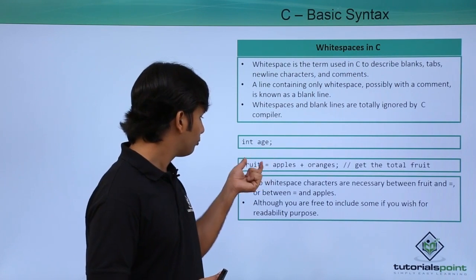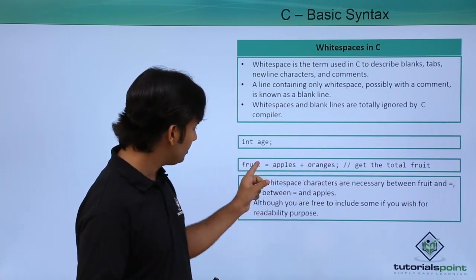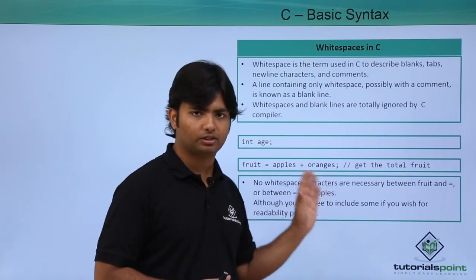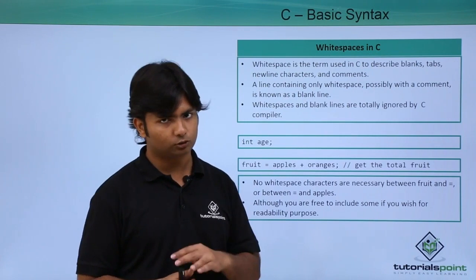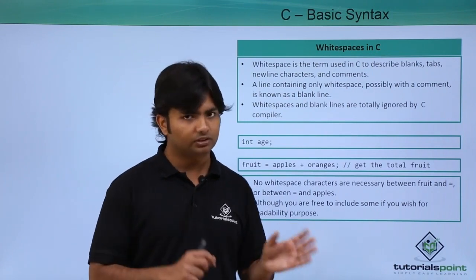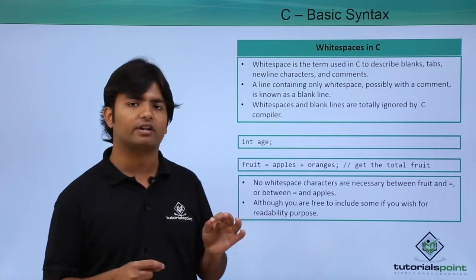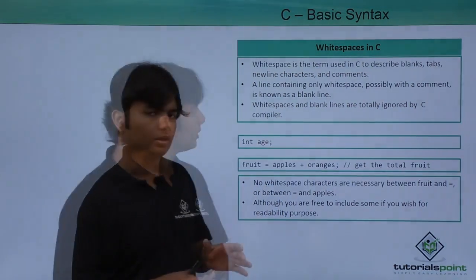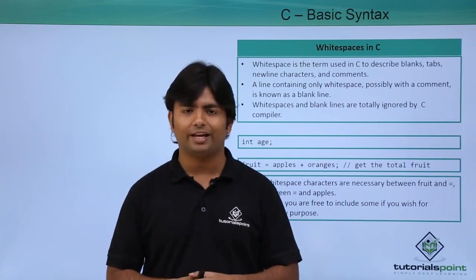As here you can see, fruit is equal to apples plus oranges. Here in between you can find some white spaces again. So it is all for readability purposes. White space is not essential anywhere, but wherever we use it, it is for readability only. So this is about the basic syntax of the C language.